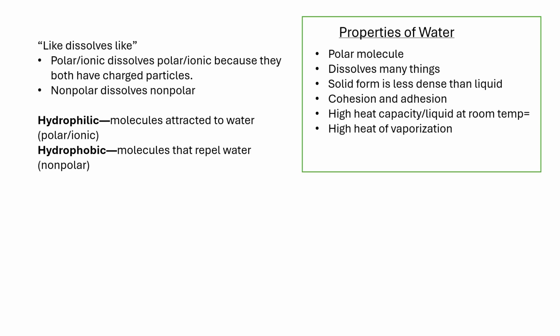So take a minute to look at figure 2.5 at the bottom of page 33. This illustrates what happens when salt dissolves into water. The water molecules arrange themselves so that their partially negatively charged oxygens are pointing towards the positively charged sodium ion.